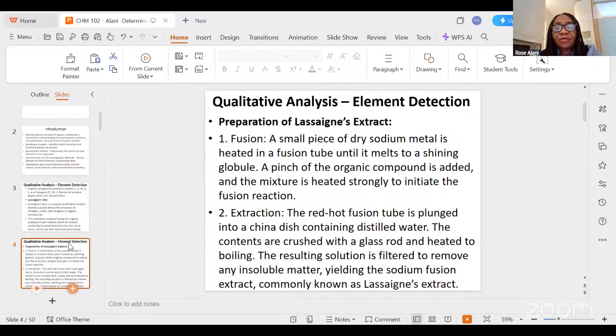After that, the red hot fusion tube is plunged into a china dish containing distilled water. The contents are crushed using a glass rod, then heated to boiling. That solution is then filtered to remove insoluble matter. And then you have that Lassaigne's extract, which you're going to use further.